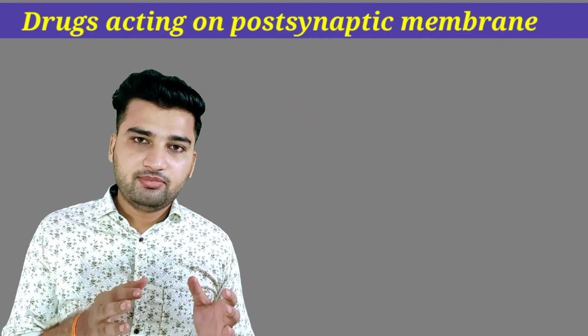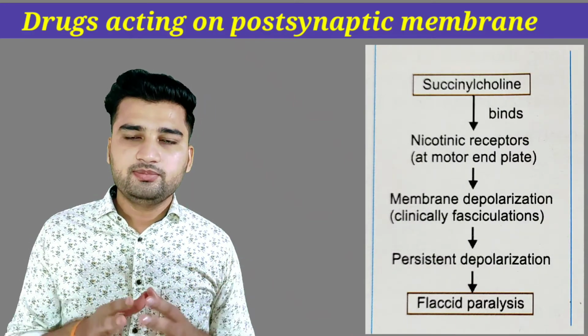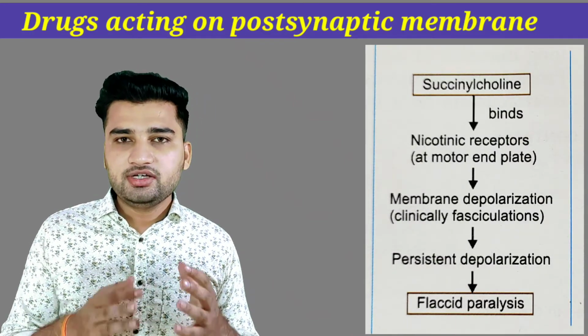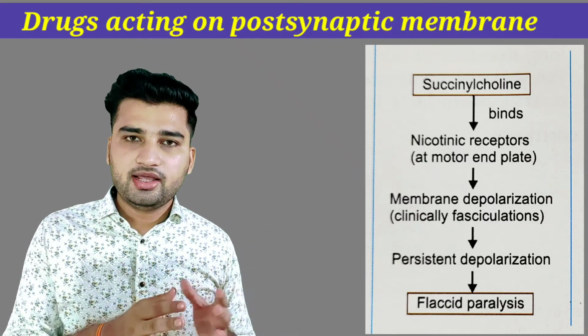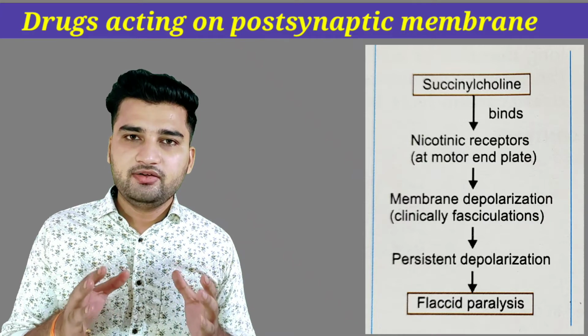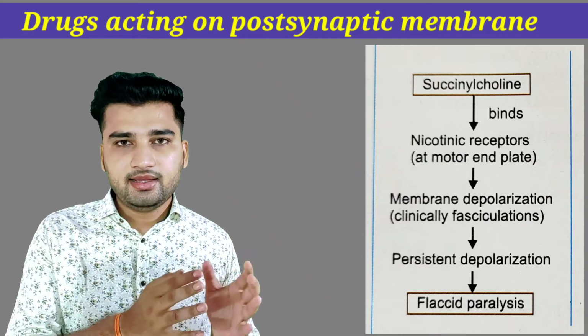But there are other types of drugs that activate the postsynaptic receptor for a prolonged period of time and eventually lead to flaccid paralysis. If a membrane becomes depolarized for a prolonged period of time, it will lead to flaccidity. Succinylcholine is that type of drug.